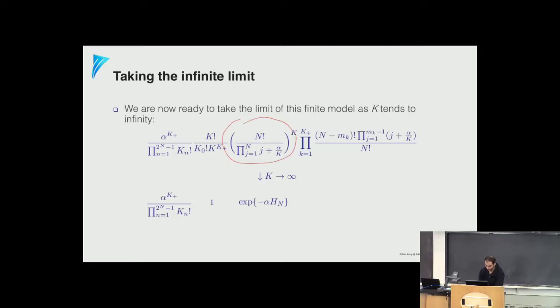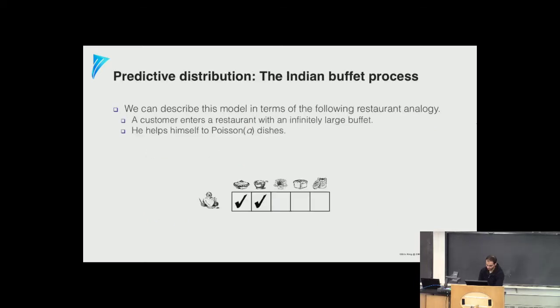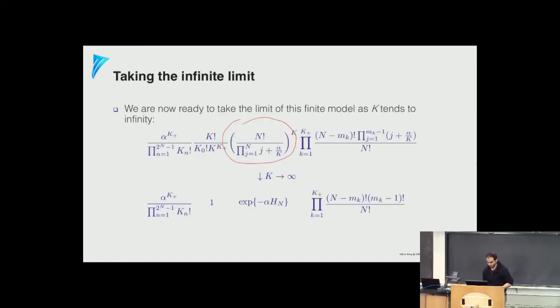This term should be familiar to you from standard analysis, which will turn into an exponent, right? And then we copy over this term here, and again we'll get just a bunch of factorials, or the factorial ratio. So this sort of defines our distribution in the limit, over these equivalence classes of binary matrices.